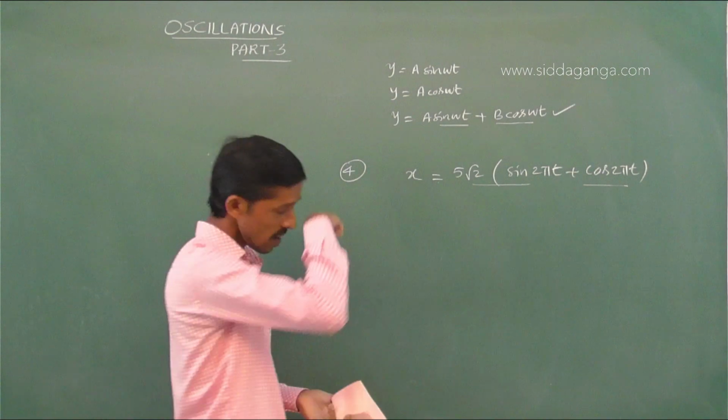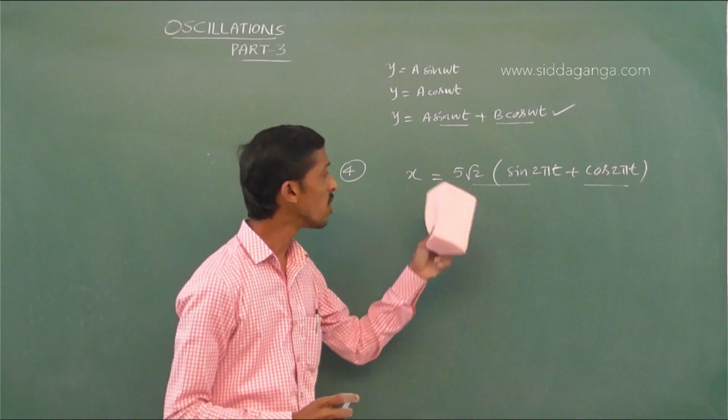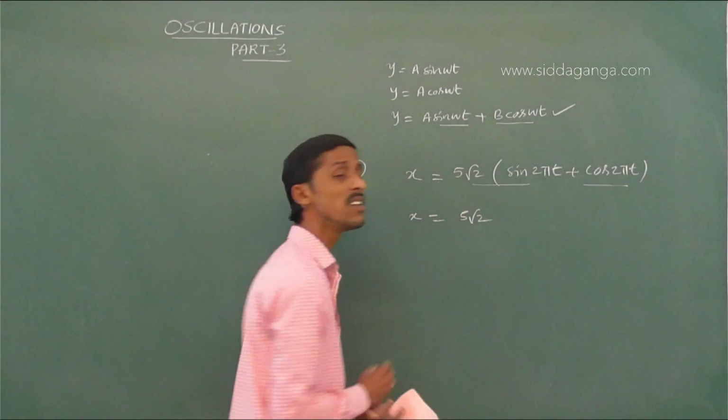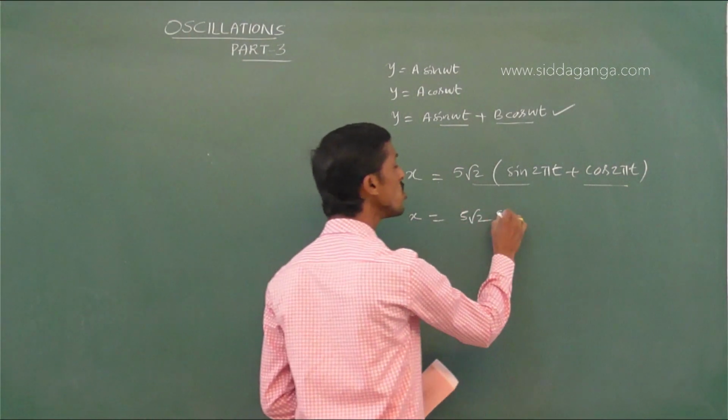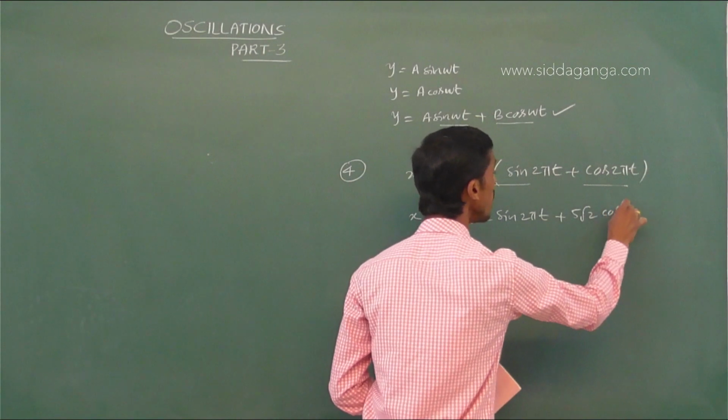Then what is the resultant of this wave? What is the resultant equation? If you split this equation, 5 root 2 sin 2 pi t plus 5 root 2 cos 2 pi t.